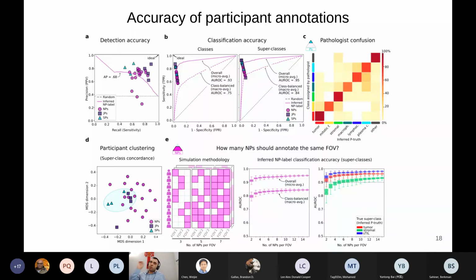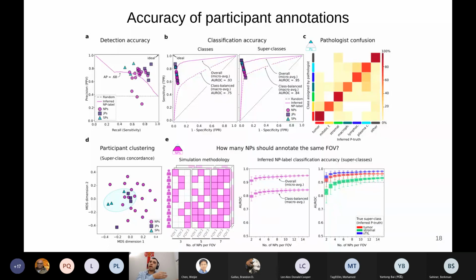For our simulation, we decimate, we delete data, and we see what the accuracy of our inferred labels from these people is. Obviously, now instead of 6 people annotating the same thing, you only have 3. So you'd imagine your accuracy would be lower, right? And here we're showing that, yes, the accuracy, of course, is lower.